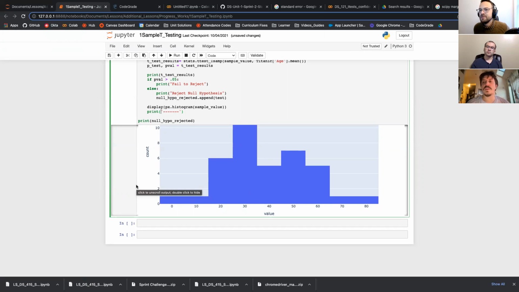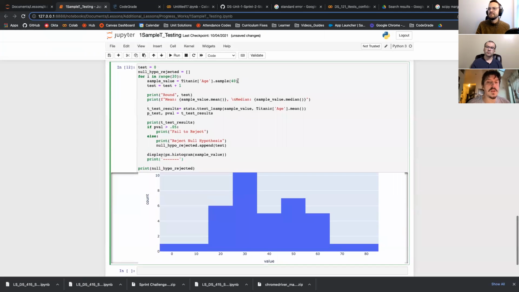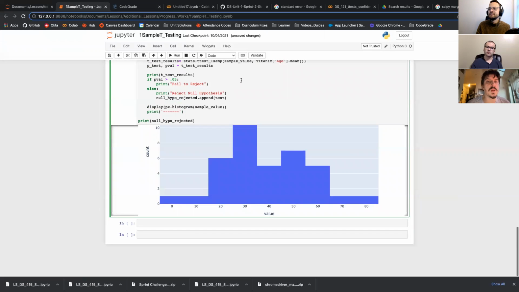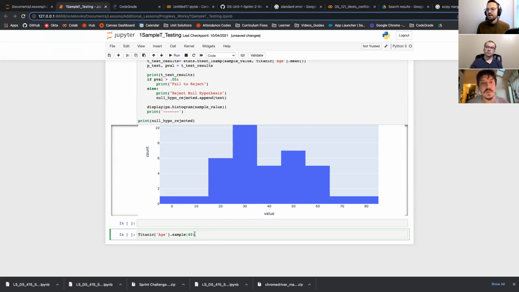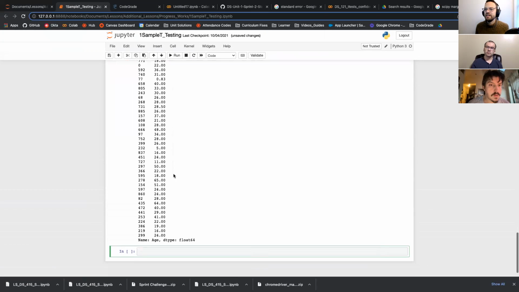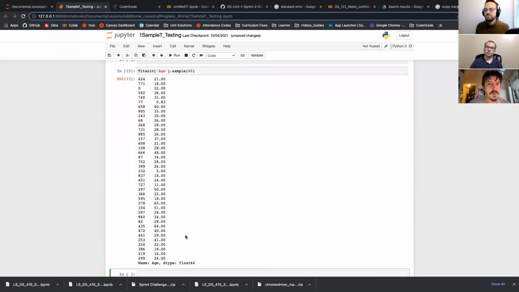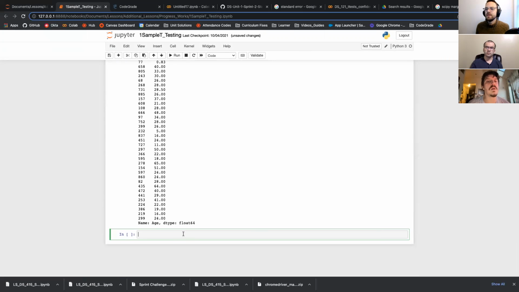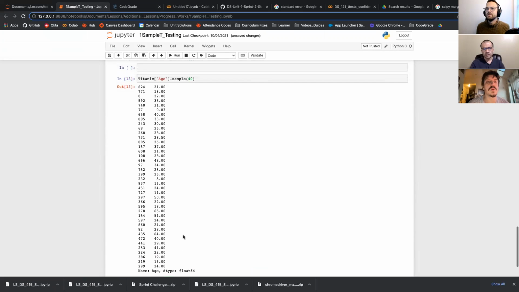What is the significance of sample 40? Because I see range 20. Yes. I initially thought sample 40 was, what is that? So each 20 is we're going to do it 20 times, so sample 40 is that you take from a string of data 40 samples. So it's like 40 samples 20 times.